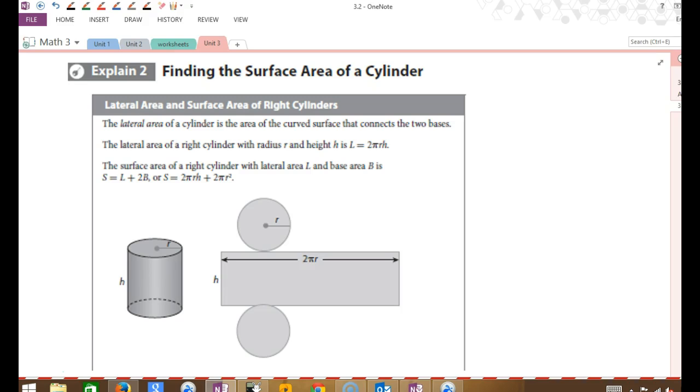Those two bases are going to be pi r squared. For our lateral area, that's the circumference around the circle. What's the formula for circumference? 2 pi r. Circumference is 2 pi r, area is pi r squared.